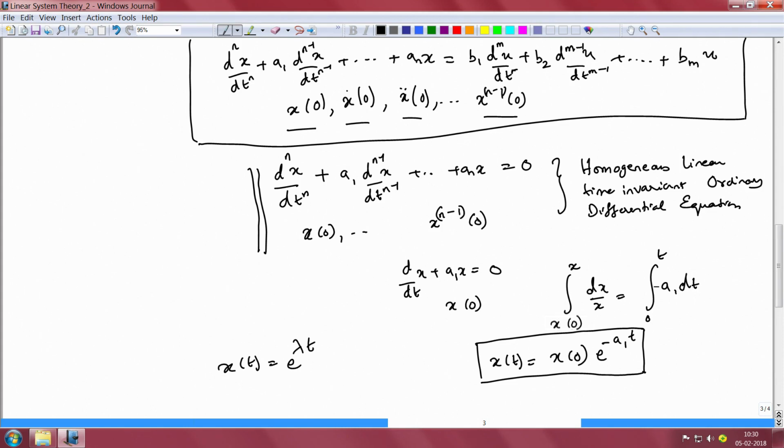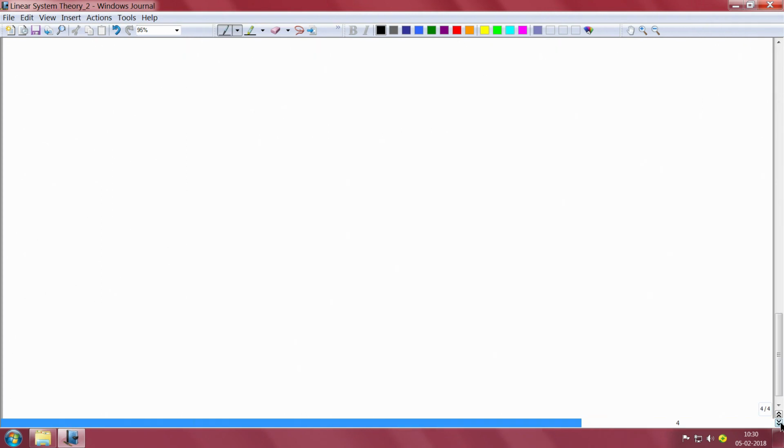To verify this hypothesis, all we need to do is substitute this particular x of t into this differential equation here. If we do that, what we get is the following. The nth derivative of x with respect to t would be lambda to the power n times e to the power lambda t.